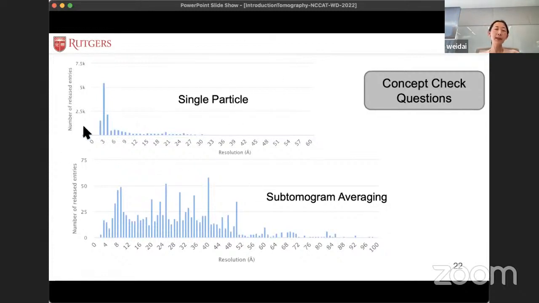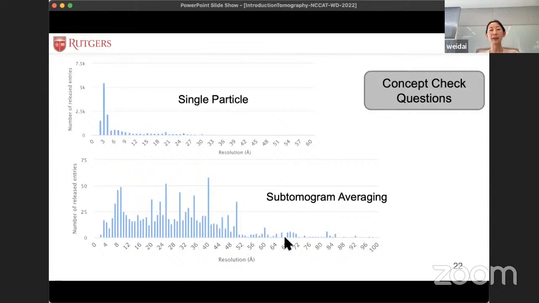It seems like if the sample is stable enough, the peak is about maybe 4 angstrom resolution. But the bottom panel shows you the resolution distribution of subtomogram averages currently in the EM Data Bank. So I would say the resolution compared to single particle is a lot lower. It's probably from 10 all the way to even 40.